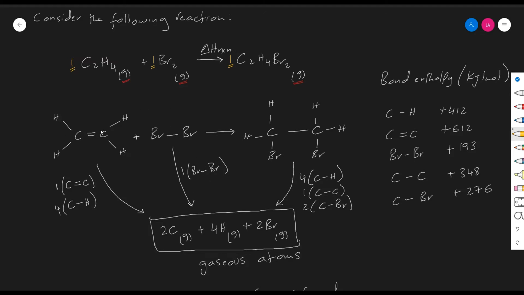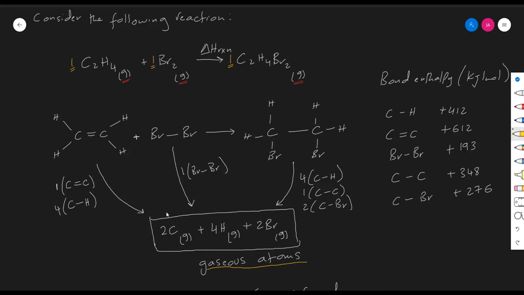Once these bonds in the reactants are broken, they would form gaseous atoms here. Thus, to form an energy cycle using bond enthalpies, we would always place the gaseous atoms over here, and the atoms that make up the reactants are the same as those that make up the product, so you can choose either. I've chosen the reactants.